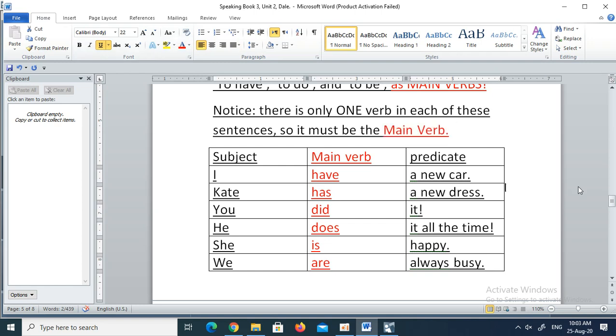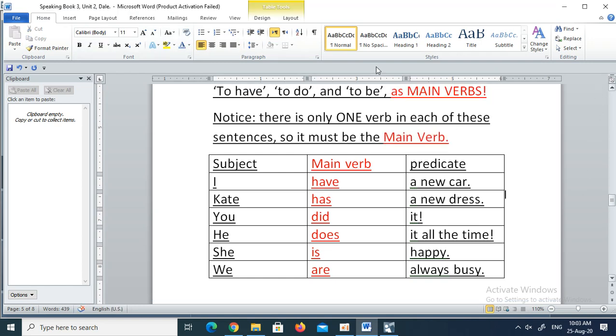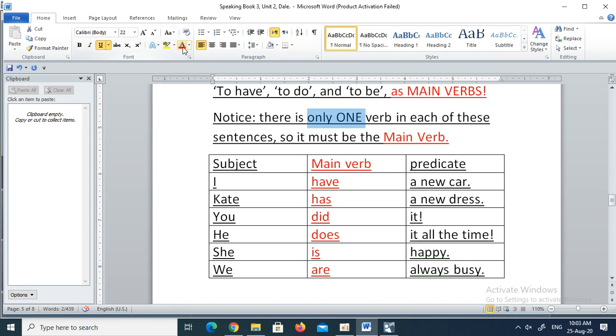So when you have forms of the verbs to have, to do, or to be. Remember, is and are forms of the verb to be. When you have forms of to have, to do, or to be, and they are the only verb in the whole sentence, then they are being used as the main verb.